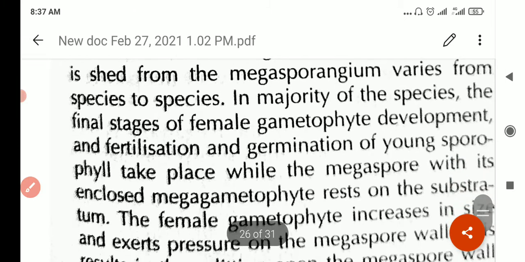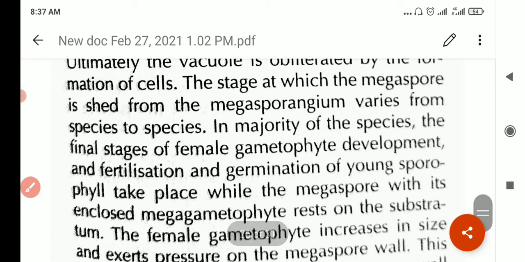Let's read again. The stage at which the megaspore will be sent out of the megasporangium changes from species to species.